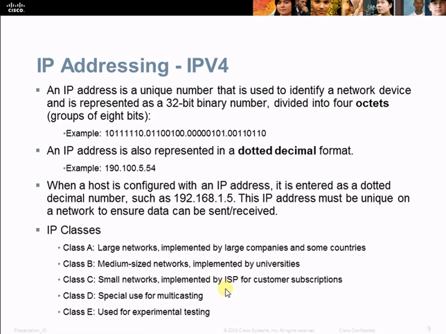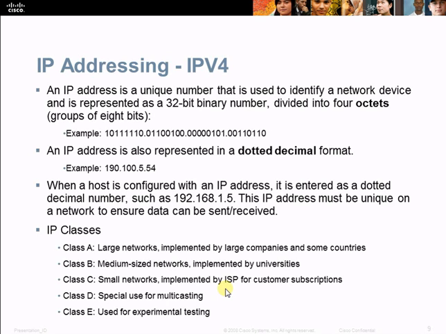Typically on our local networks we will have something starting with 192.168.1.5, and every computer on a network must have a unique IP address. Otherwise there would be conflicts and we would have issues with our sharing of information and transfer of data.